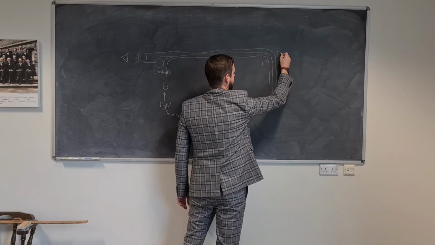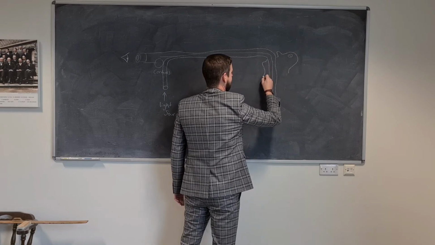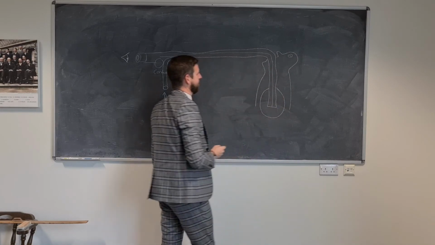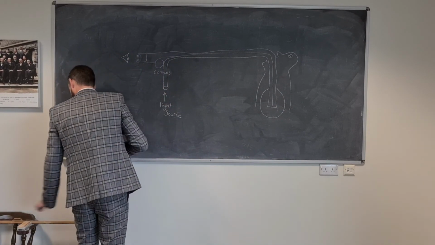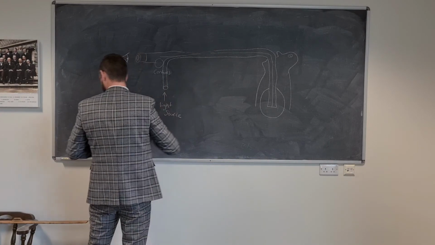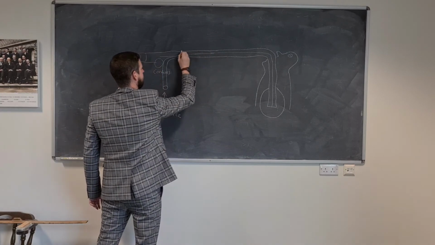There is their mouth, there is their nose, there is their eye, and this is going inside their body to the cavity of their stomach. What happens, of course, is, and I've got to try to draw this a little bit better here. Let's try and draw it more accurately.